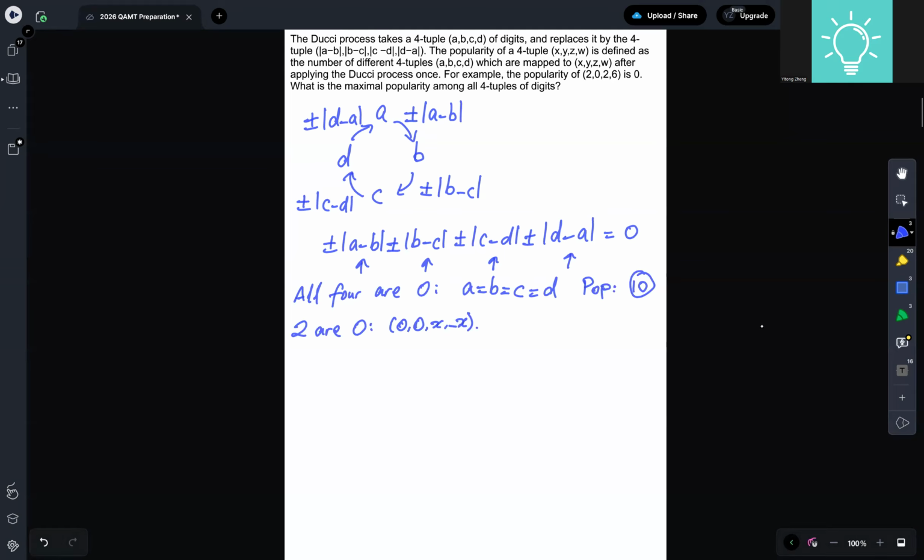Now, what does that mean? Well, if two of these, let's say this is 0, this is 0, and then one of them is x and one of them is negative x, what we can see is that A, B, and C are all equal, for example. Only these two are negatives of each other.